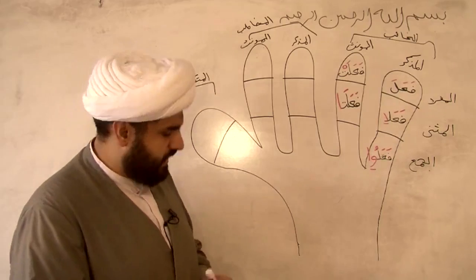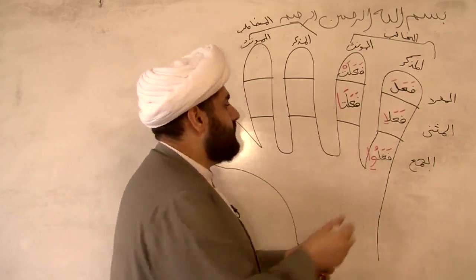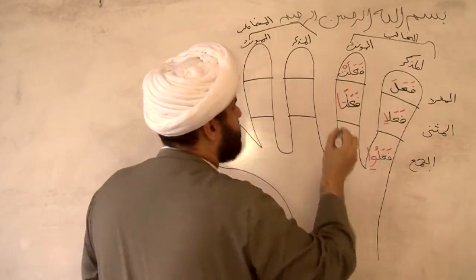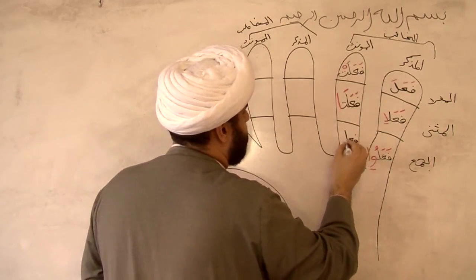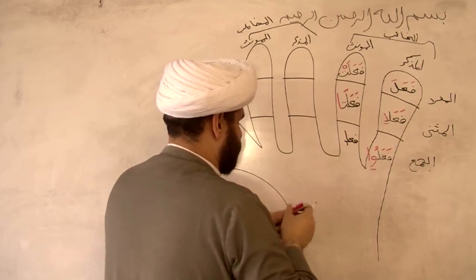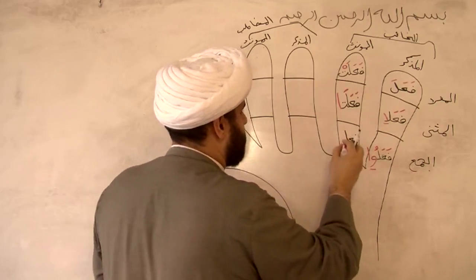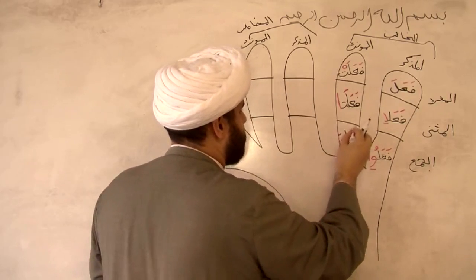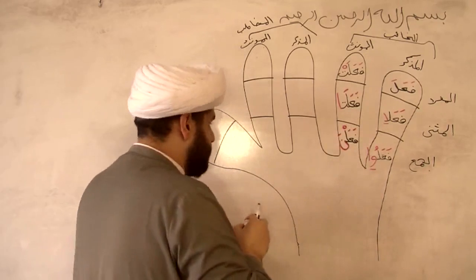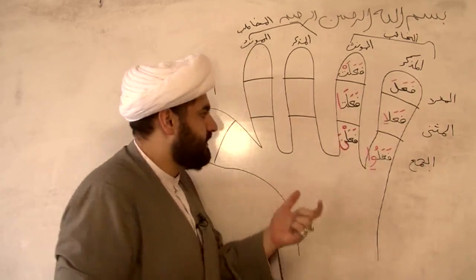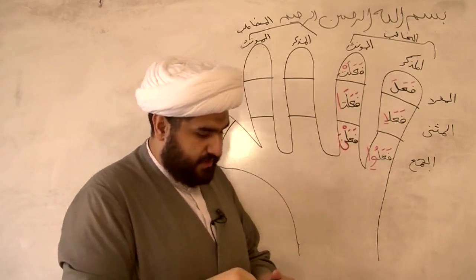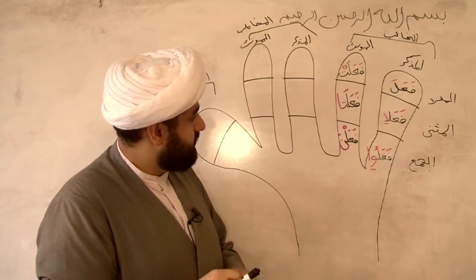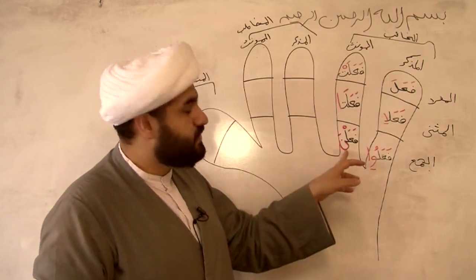Now, how do we make sigha number 6 or al-jam'u al-mu'annath al-ghaib? Fa'alna. Fa'al, na. Fa'alna. This is how we make it. Nasarna, alimna, fa'alna, right? What does the noon indicate?